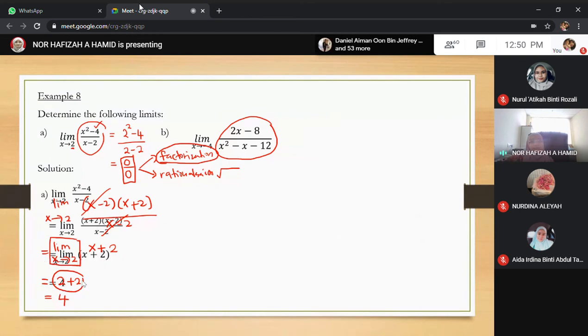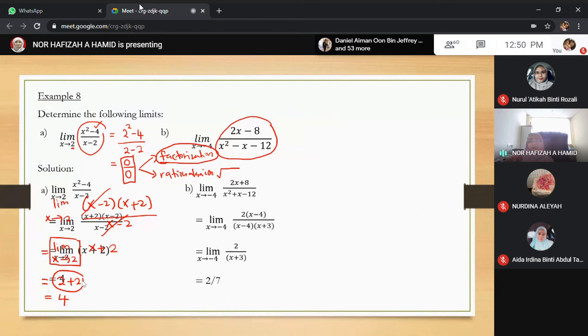Sama juga B. So B pun kalau you substitute value, you also get 0 over 0. Okay, so value dia 4 ni saya silap. So x approach to 4.